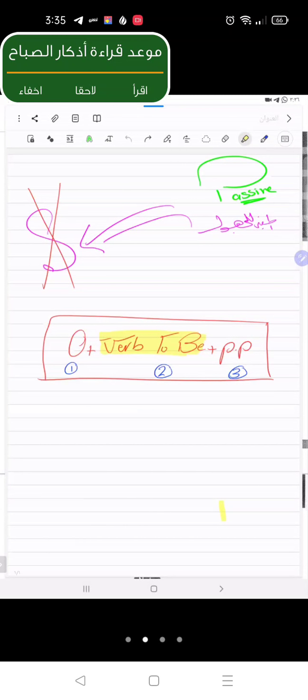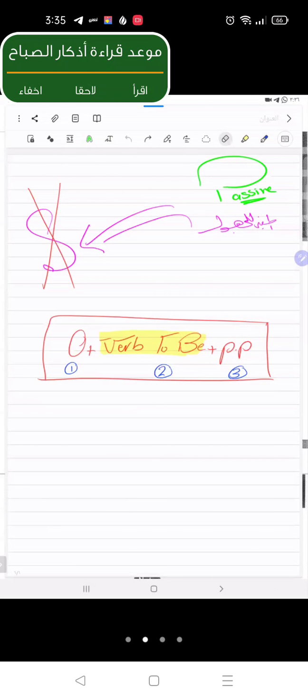How many parts? Three parts. The object, the verb to be, the PP. Look at the verb to be. Its shape tells us which tense we are talking about.